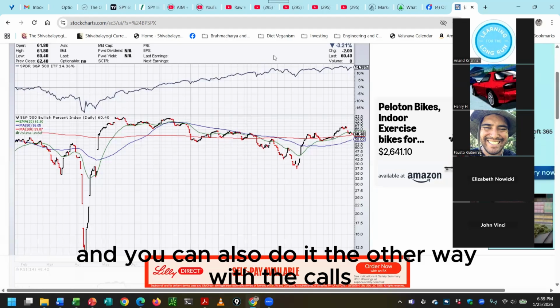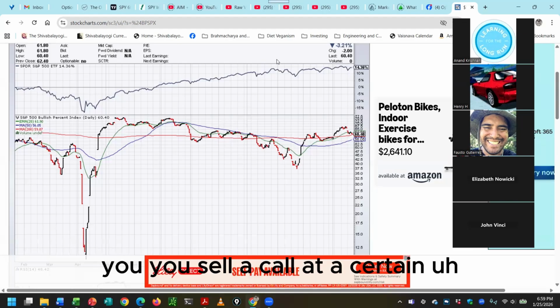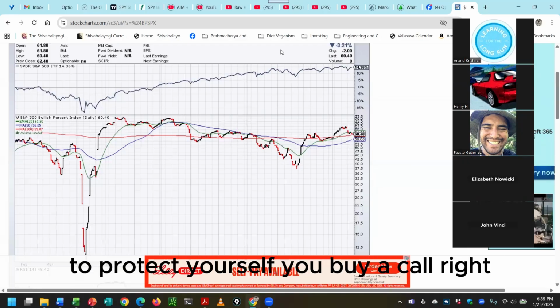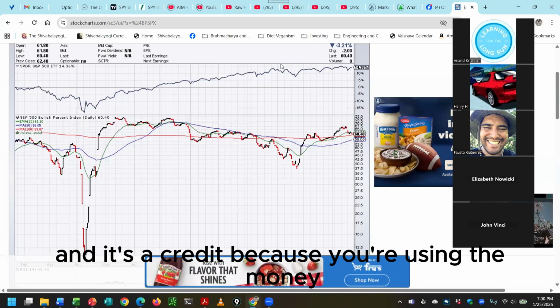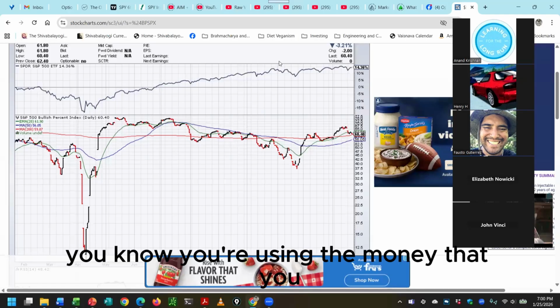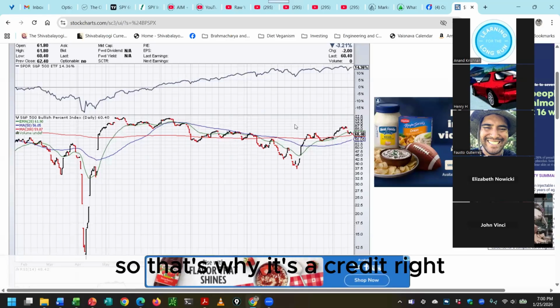And you can also do it the other way with calls, where you sell a call at a certain strike price, and then a few strikes above, again to protect yourself, you buy a call. And it's a credit because you're using the money that you got from selling one option to buy the other option. So that's why it's a credit, right?